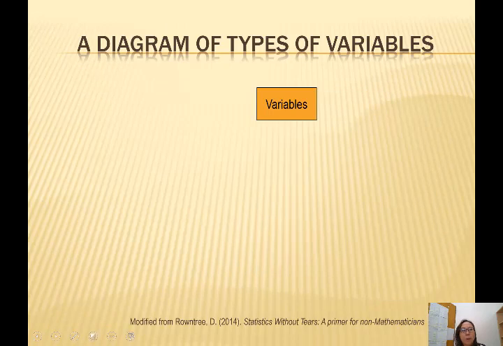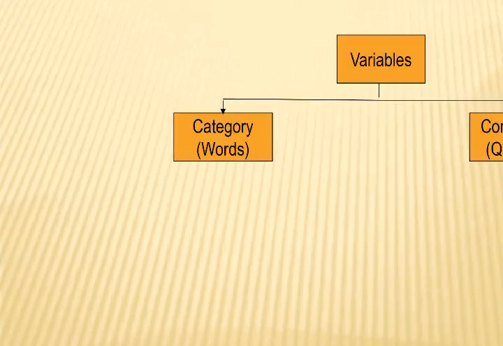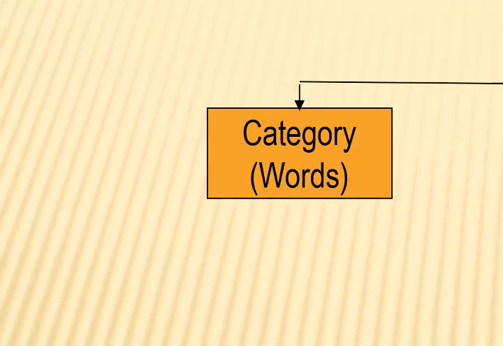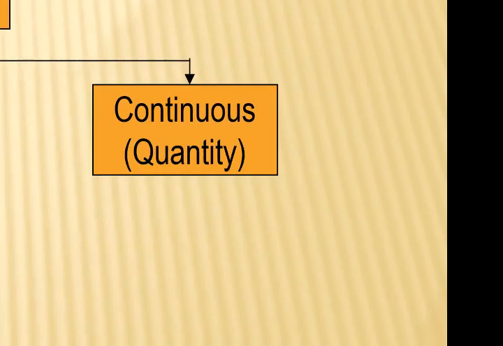So we talked about a variable as a measurable factor that has an effect on a phenomenon. So anything that's measurable that has categories. And these variables fall into one of two types, and that is categorical or continuous. Categorical variables have categories that use words, and continuous or numerical variables are measured using numbers.